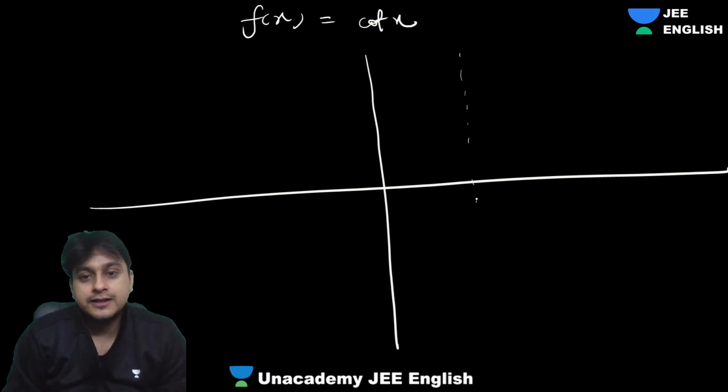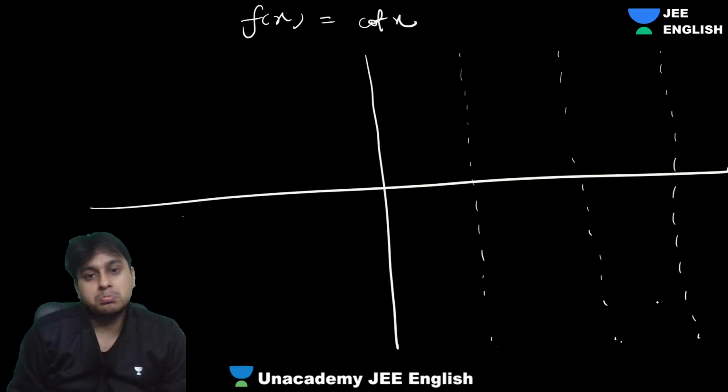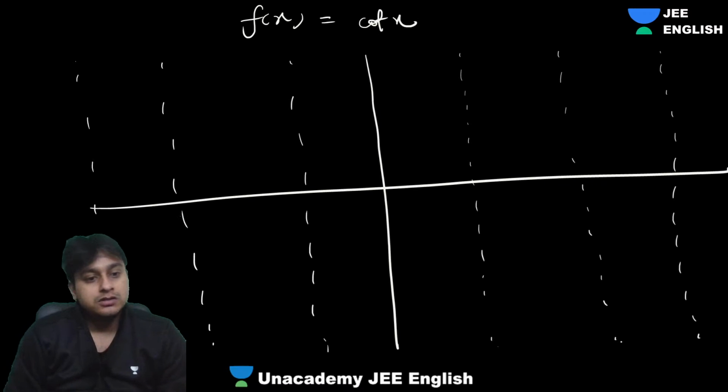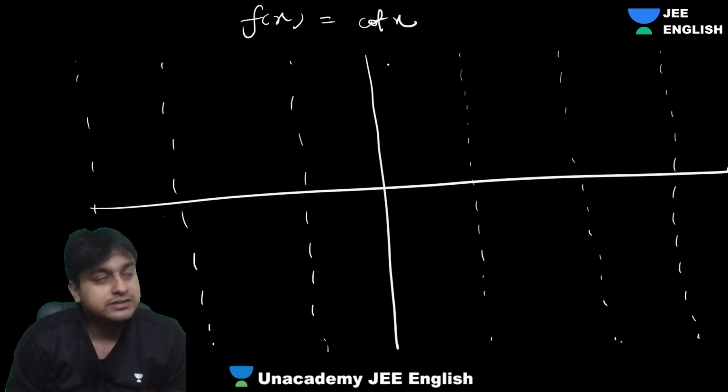So the graph is like this. We can see here. Okay. So, guys, if you look at the graph of cot x, because cot 0 is obviously not defined, it will start from here.